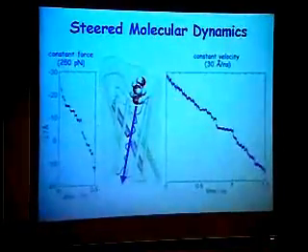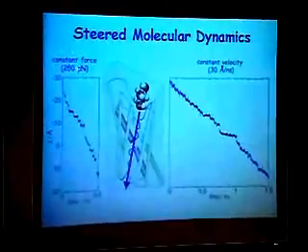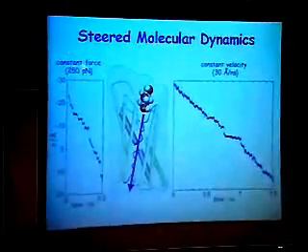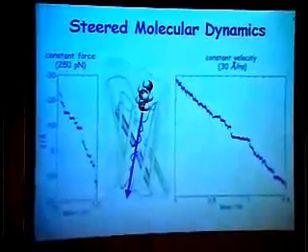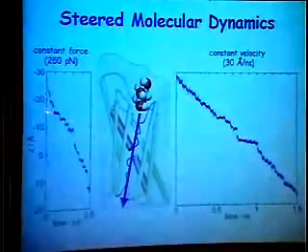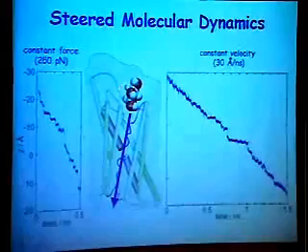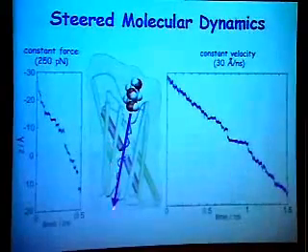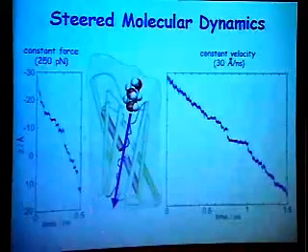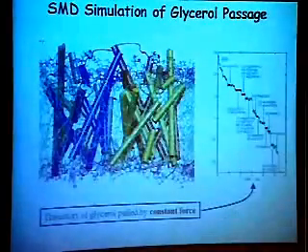And then when you have that range of force, you can also do a complementary constant force steered molecular dynamics, and look at how much time the system spends, in this case how much time glycerol spends, at different regions as it moves along the channel. So here are some results.